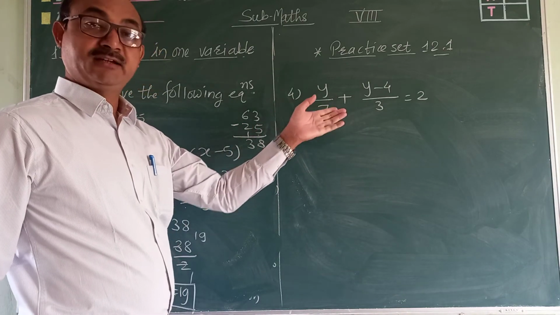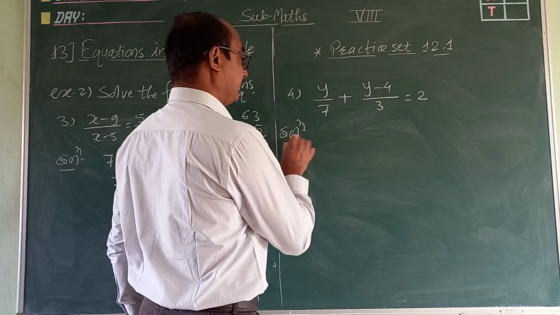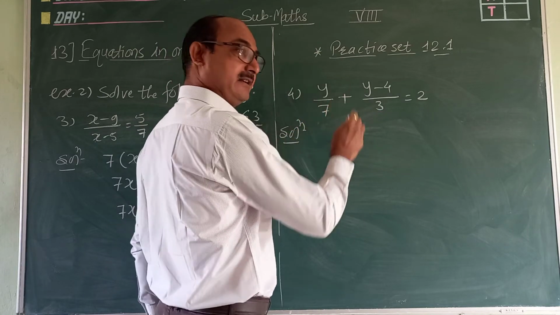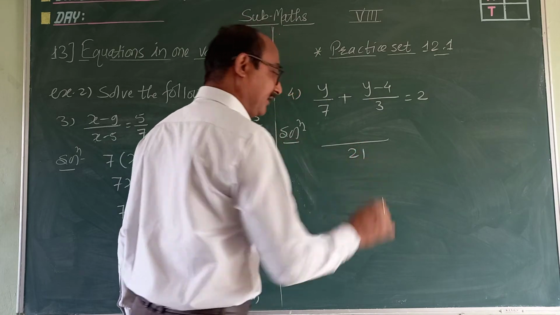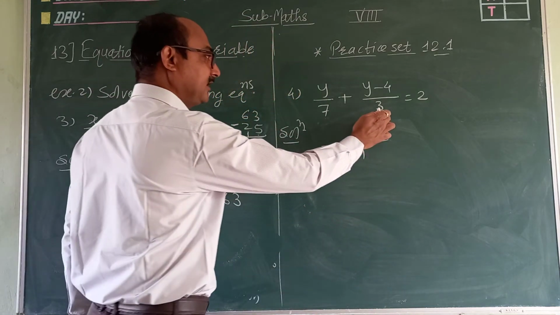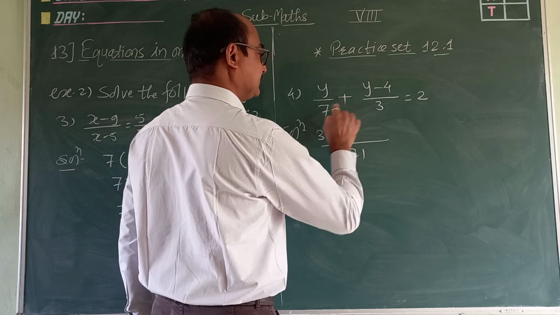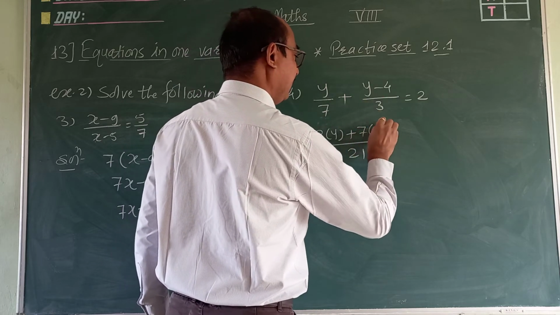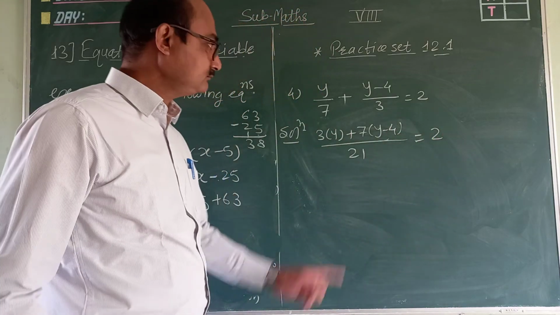What you have to do here? Here you have to take LCM. You know, if denominators are different and addition and subtraction is there, take the LCM. 7 3s are 21. Then cross multiplication: 3 multiplied by y, plus sign, 7 multiplied by y minus 4, equal to 2.